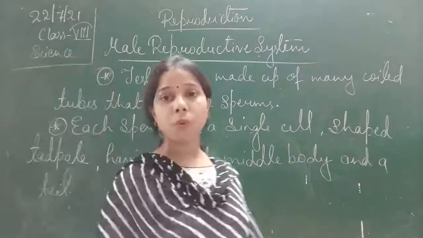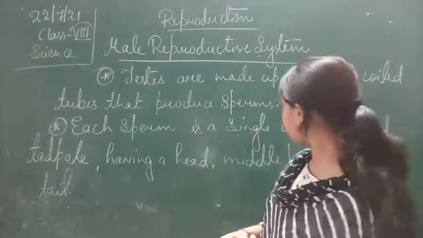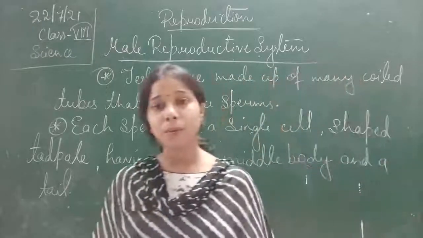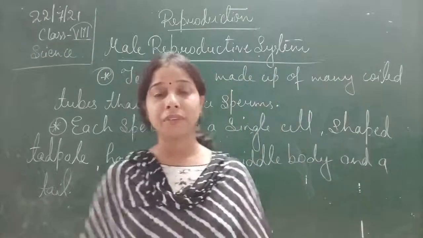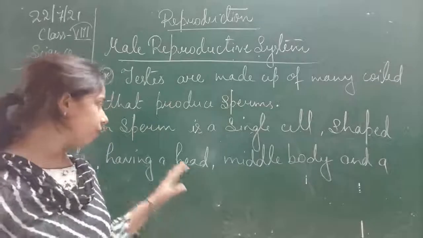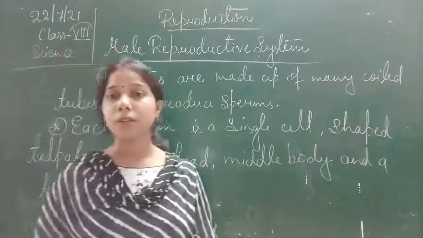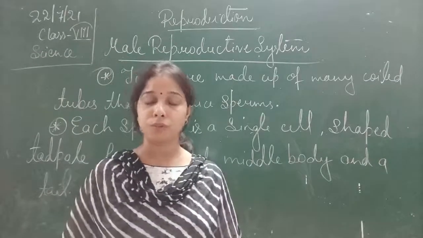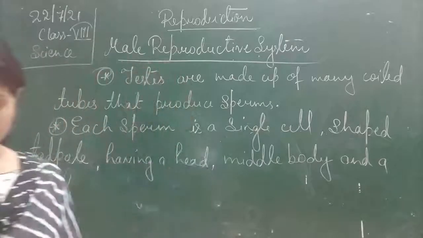So sperms are single-cell tadpole-like cells having a head, a middle body, as well as a tail. The tail is there due to which it is able to move.